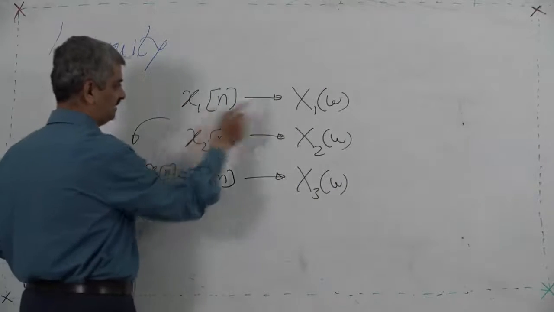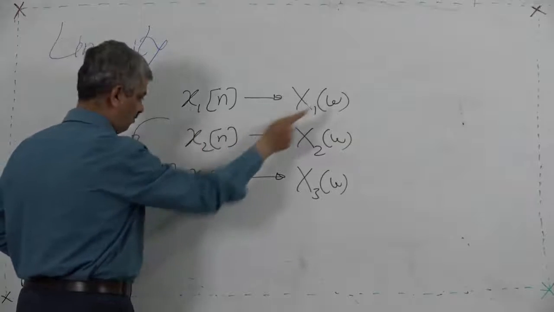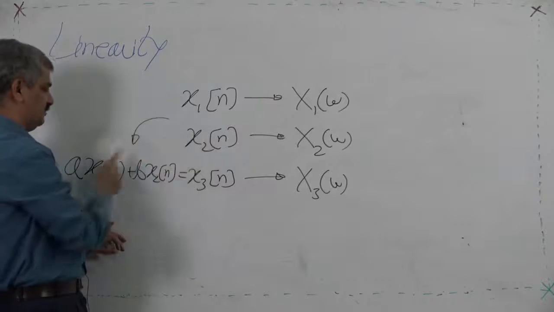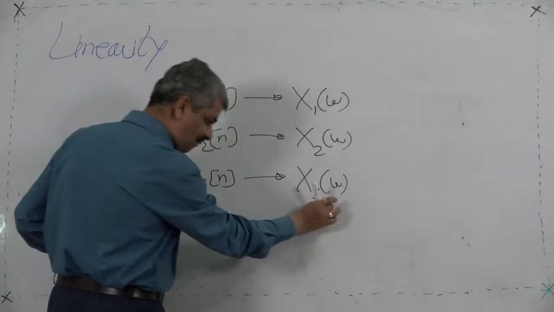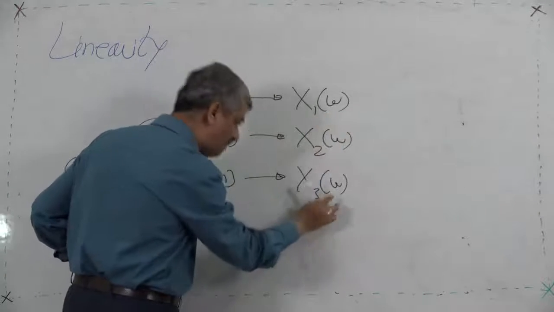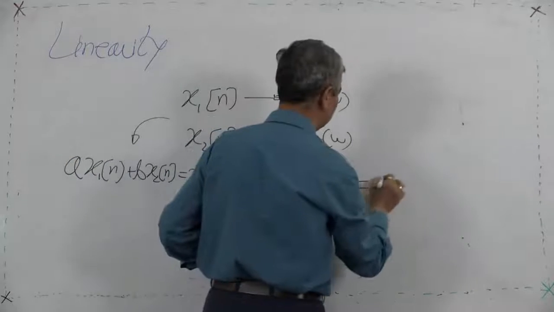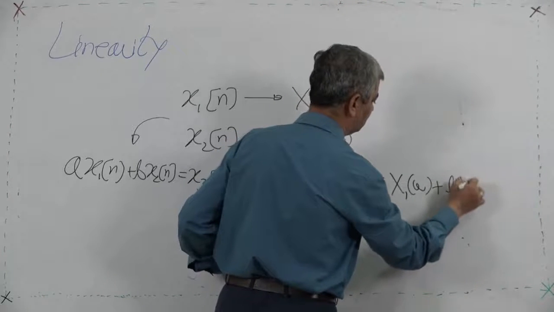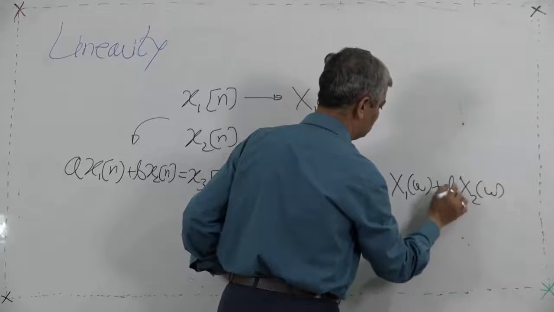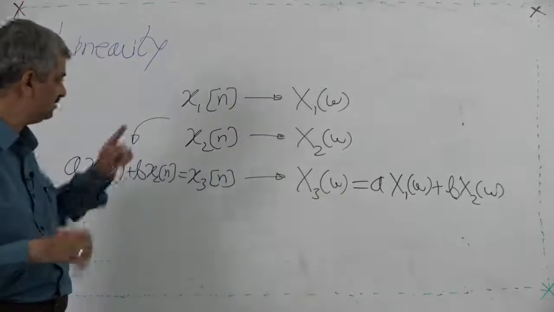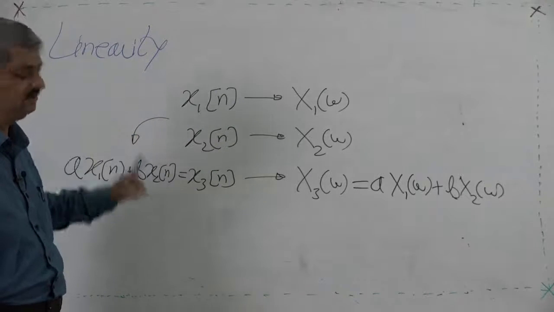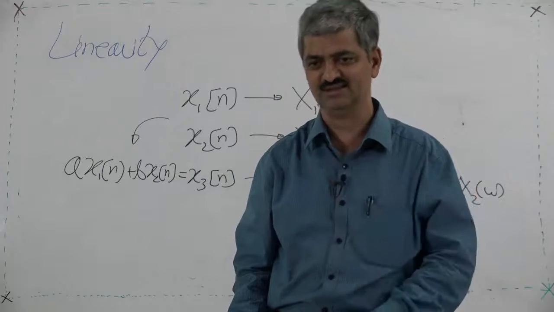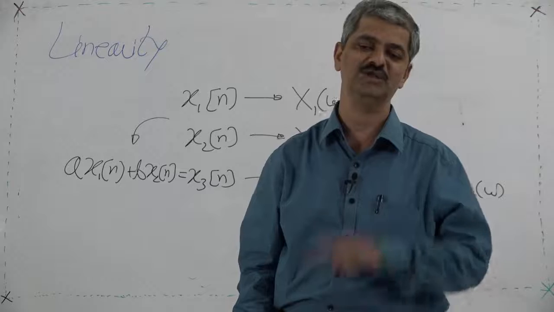I take one sequence, find its transform, I take another sequence, find its transform, I prepare a third sequence by linear combination of these two sequences, find its transform first separately, and this transform must be equal to A X1(omega) plus B X2(omega), and this is called linearity, that is, transformation of a linear combination of sequences is a linear combination of transforms.